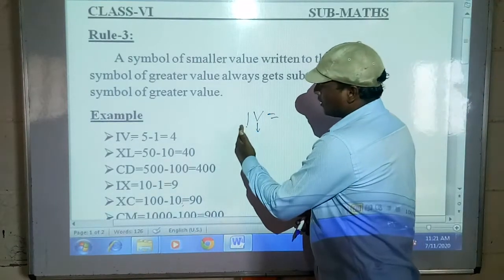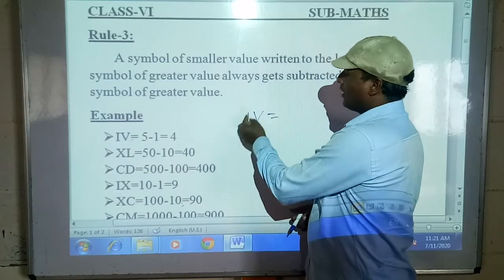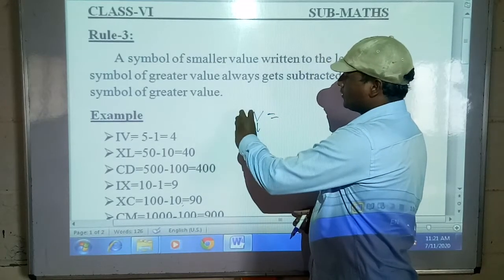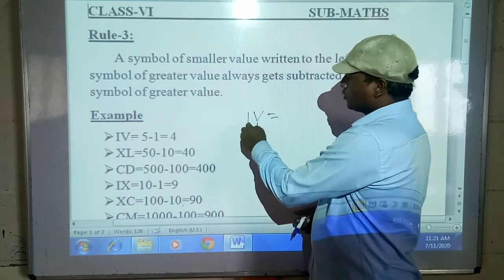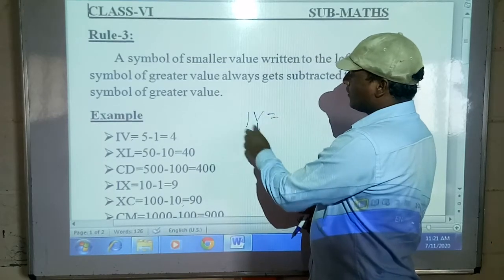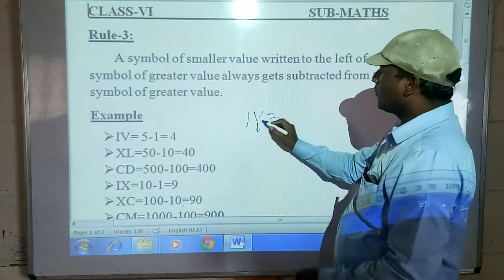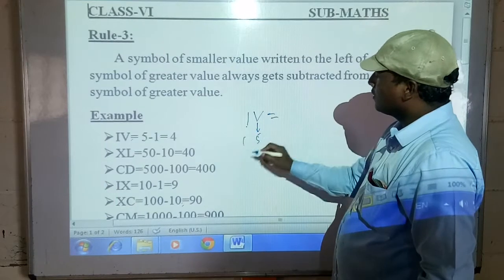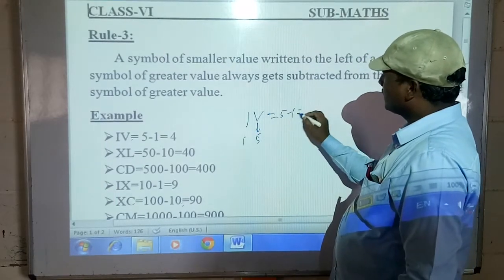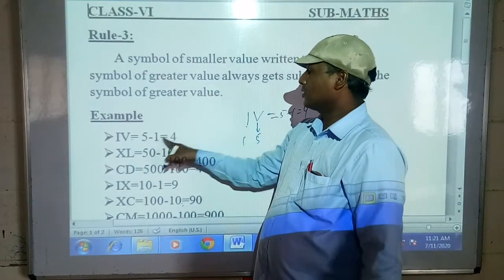If the smaller value is on the left side of the greater value, you subtract the smaller value from the greater value. The greater value is 5, this is 1, so 5 minus 1 is equal to 4.